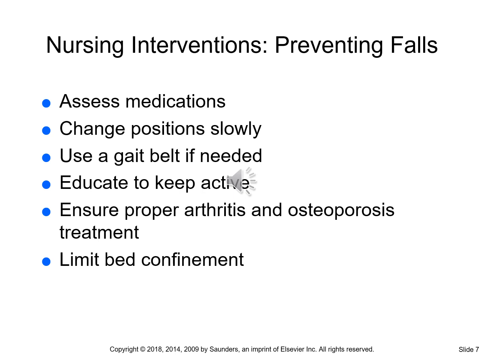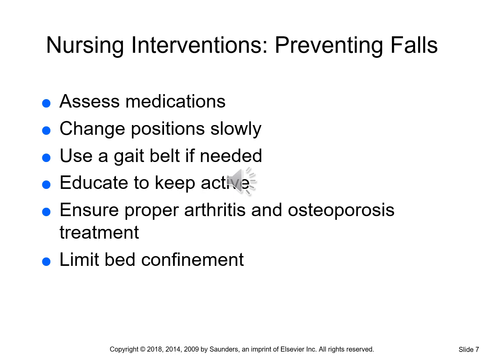If we need a gait belt, use the gait belt. Like we said before, educate them about being active so that they can keep their mobility up, because the more they become immobile, the weaker they're going to become, and the more at risk for falls they will be.